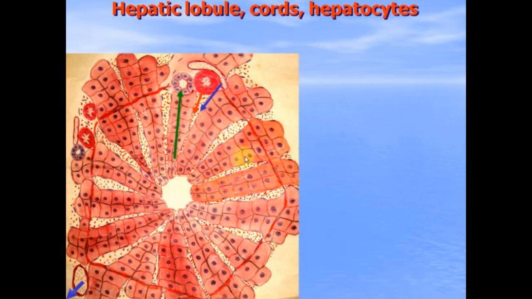Between sinusoids are located the hepatic cords, which consist of 2 lines of hepatocytes with bile canaliculi inside. In the bile canaliculi, the bile flows in the opposite direction, from the center to the periphery of the liver lobule, and enters the interlobular bile duct.